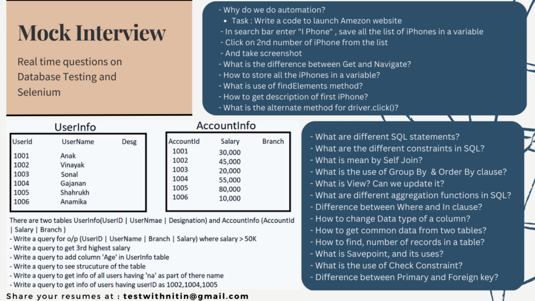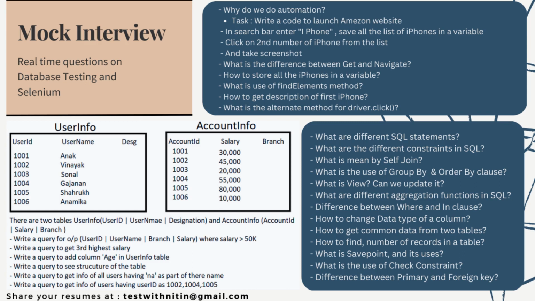Okay, right. Do you have pen and paper? Yes, sir. So let us say there are two tables. User info is having three columns: user ID, user name, and user designation.